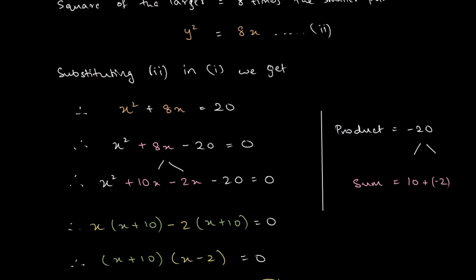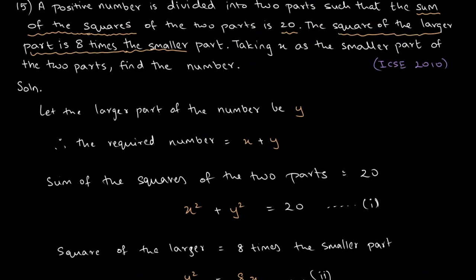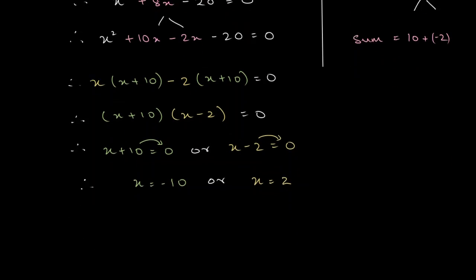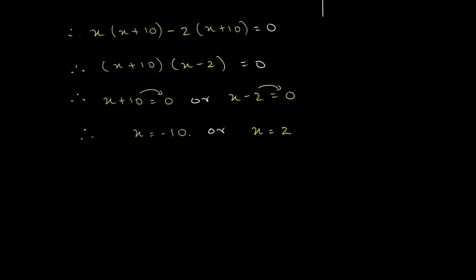Now let's see the question once again to see if both of them are valid. The question tells us it's a positive number which is divided into two parts, right? So if the positive number is divided into two parts, it will be divided into two positive parts, and therefore we'll have to reject x is equal to minus 10.